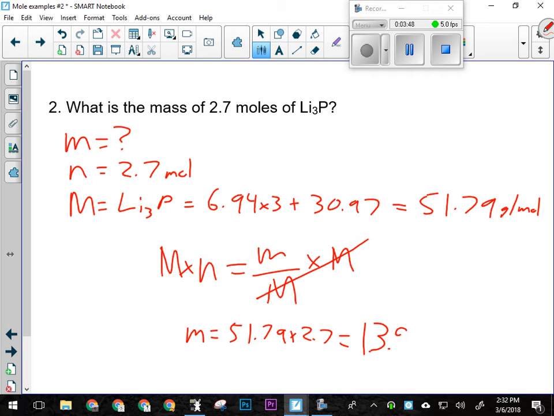Put a decimal in there. 139.83 grams. Final answer. Questions on how number 2 worked?